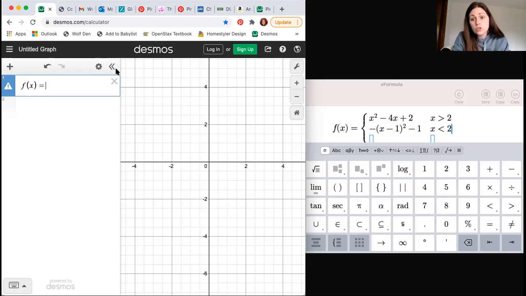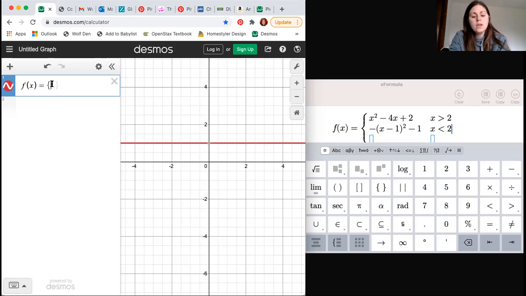For the first piece, this top piece of the function, I'm going to start with a brace, which is the little squiggly. If you press shift and bracket, that's where you're going to find it on your keypad on your computer, most likely. You're not going to use a bracket. You're not going to use parentheses. You have to use a brace for this to work.